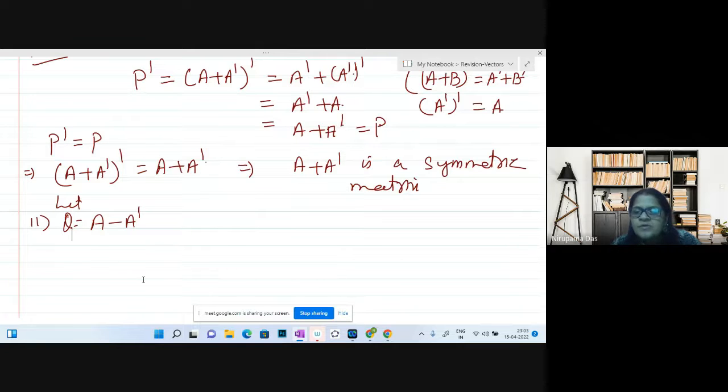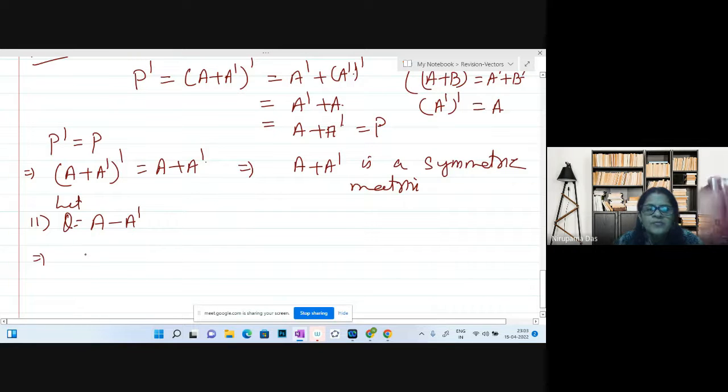A transpose equal to minus A means A is a skew-symmetric matrix. So here we have to prove Q is a skew-symmetric matrix.